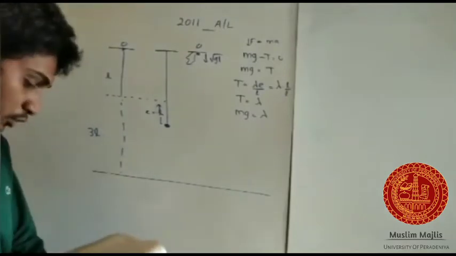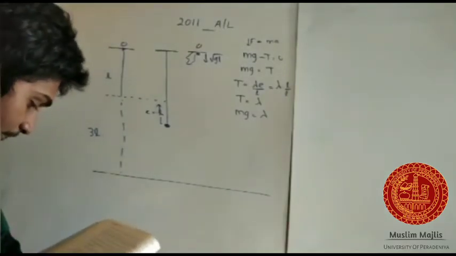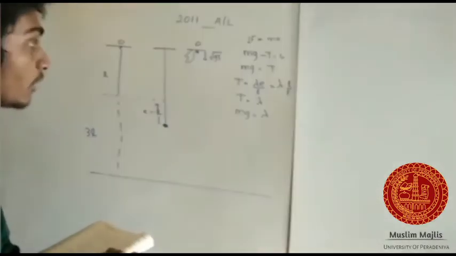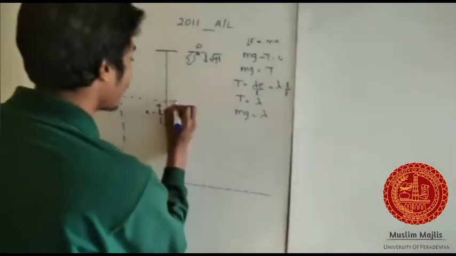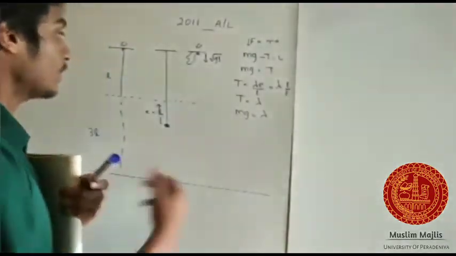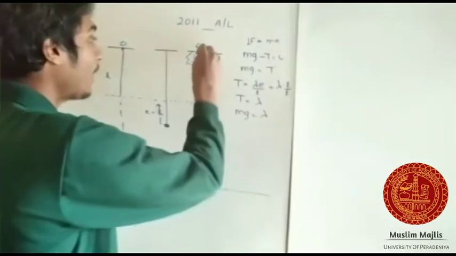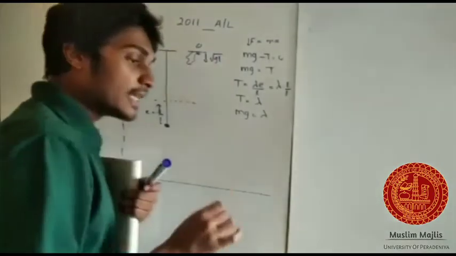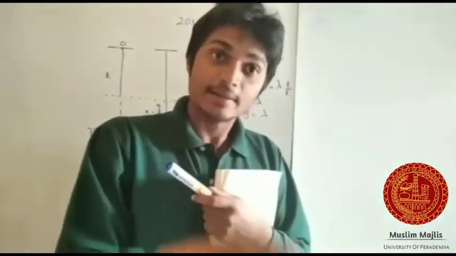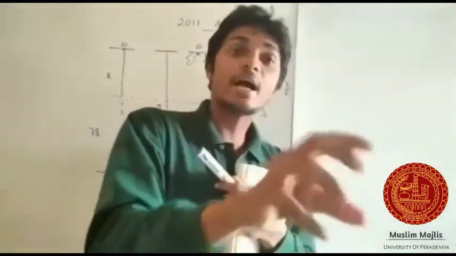So they are projecting it with a velocity of square root of GL. The first question says, find the velocity of the particle P when it has fallen a distance L. So when the particle reaches this position, what is the velocity? We have to remember that from this point to this point the tension is 0, in the sense that the particle is falling freely under gravity.